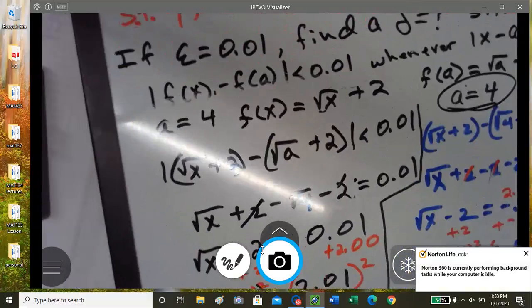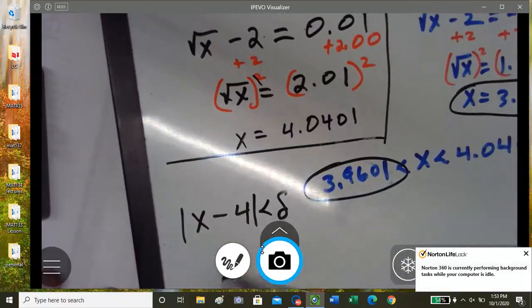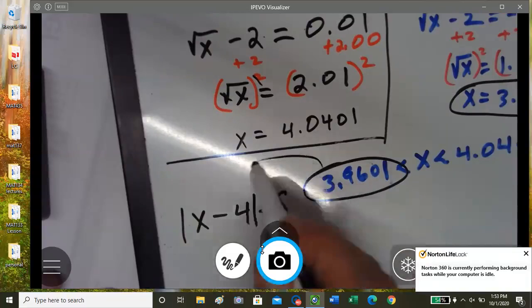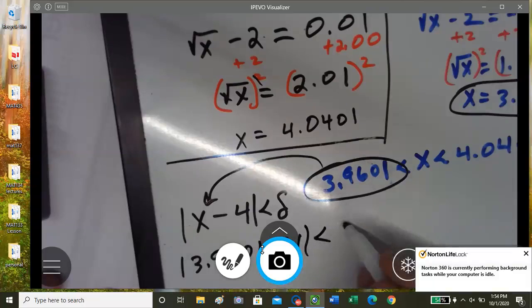So we're saying that the absolute value of x minus 4 is less than delta. So now we're going to find delta. Well, we're going to use this 3.9601. 3.9601 minus 4 is less than delta.